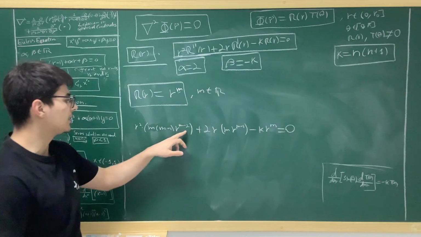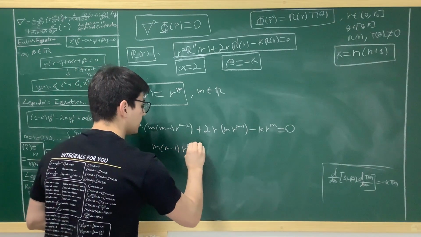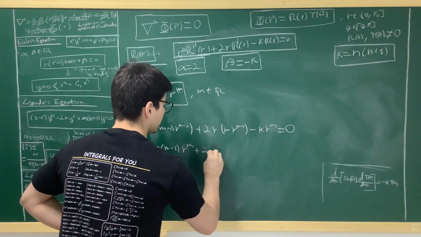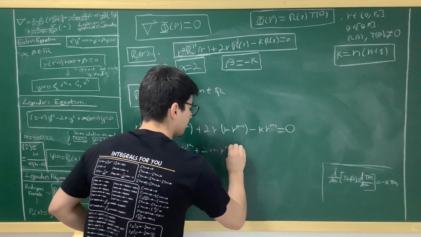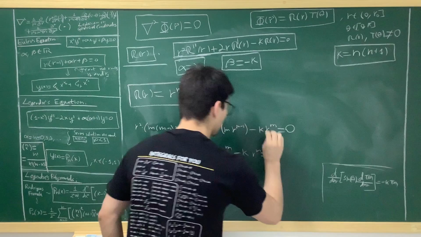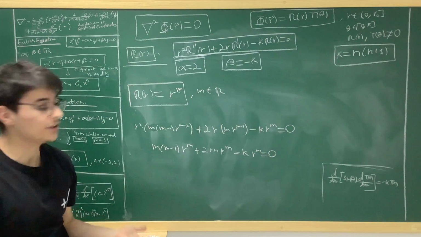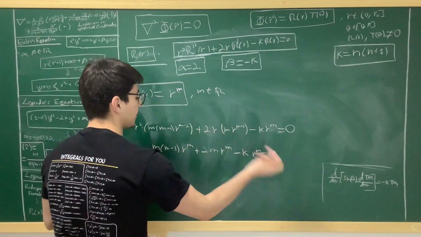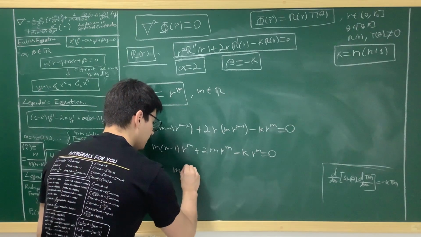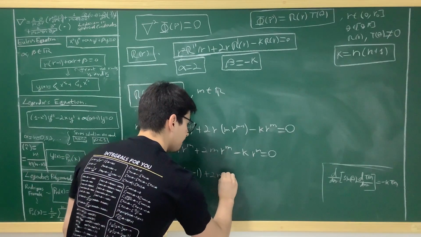If we multiply this out, we get m times m minus 1 r to the m, plus 2m r to the m, minus k r to the m, equals 0. Assuming, as we said, that r is never 0, it doesn't reach 0, we can divide everything by r to the m and get that the exponent m is given by this equation.